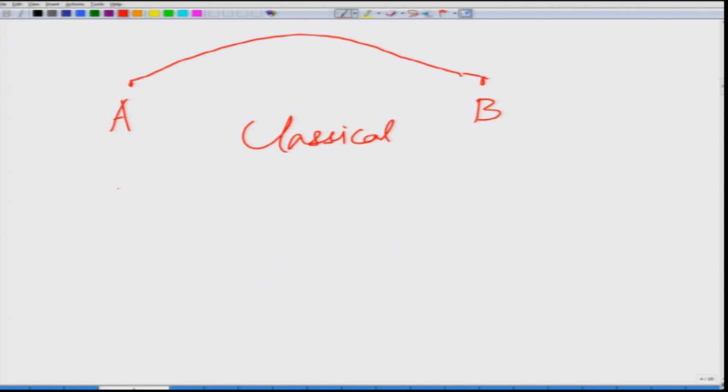For instance, if we have a point A and a point B, then we can follow the trajectory and tell how they will reach each other. This is the classical mechanics principle, and it gives a very important determinism. So, this is deterministic. This is the principle on which computers work now.